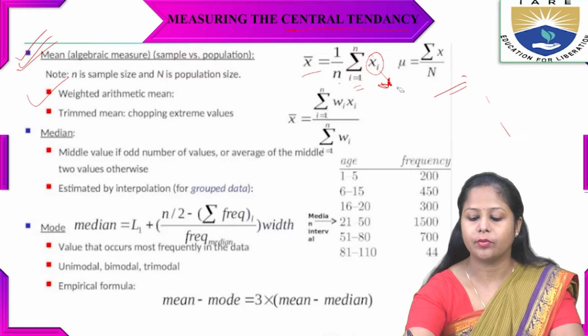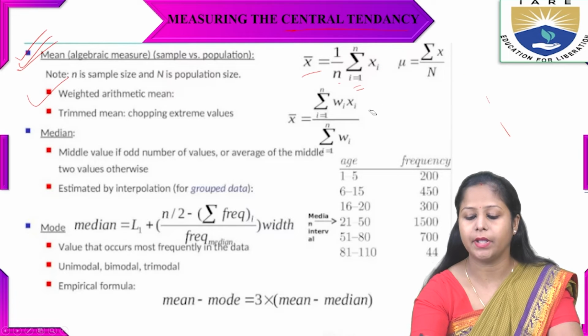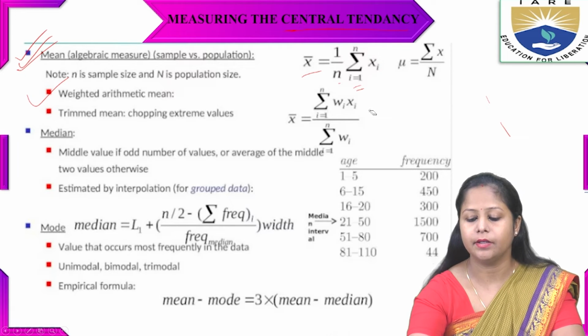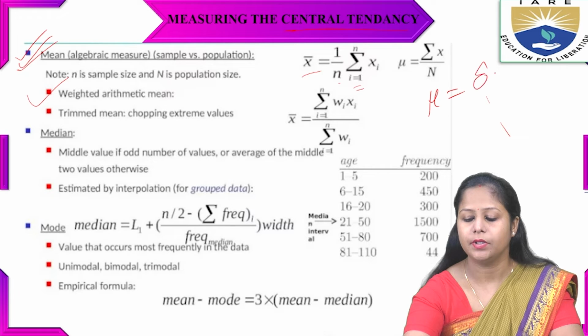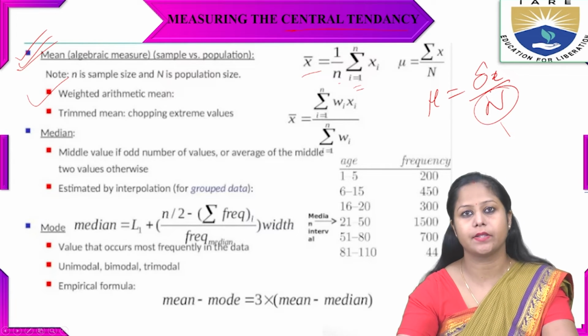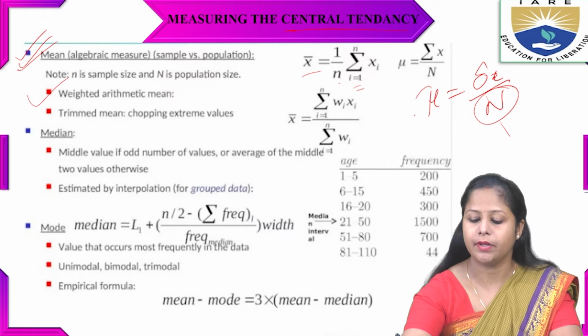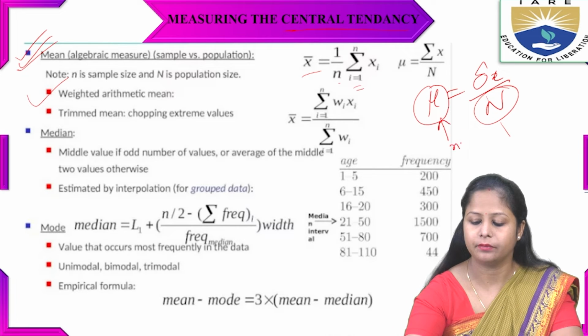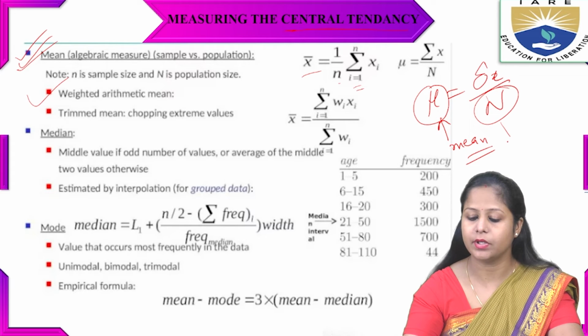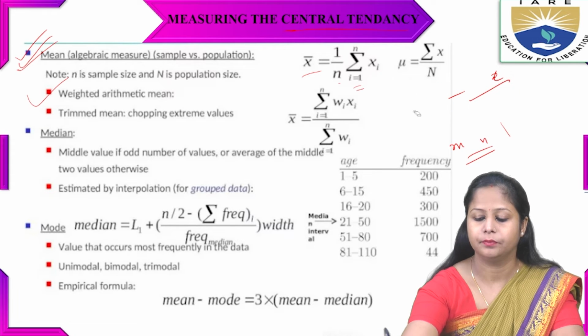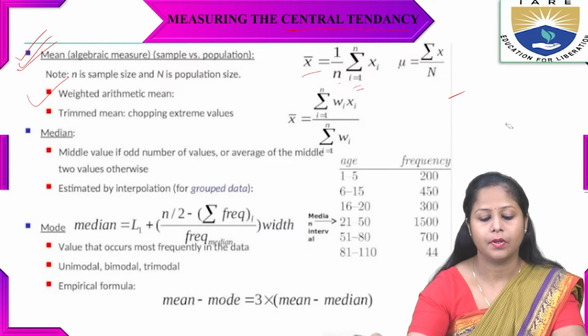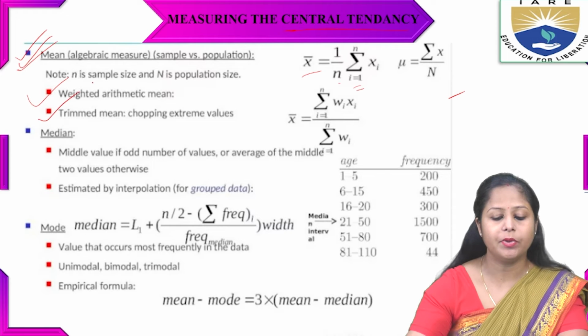We calculate x bar from that, and by that we calculate mu equal to sigma x upon n. N is the total number of sets. From there we get the mean of the total values. There is also the trimmed mean.